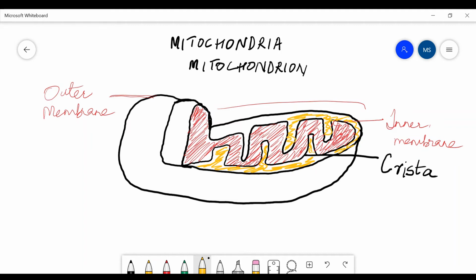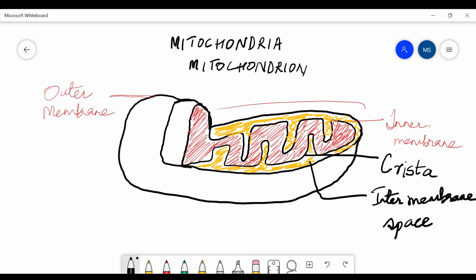We call this space the intermembrane space. Okay, so now our structure is ready. The inner compartment that you see is called the matrix.